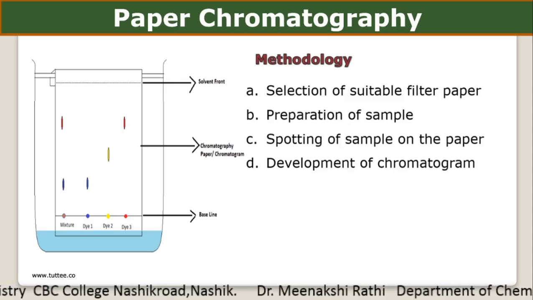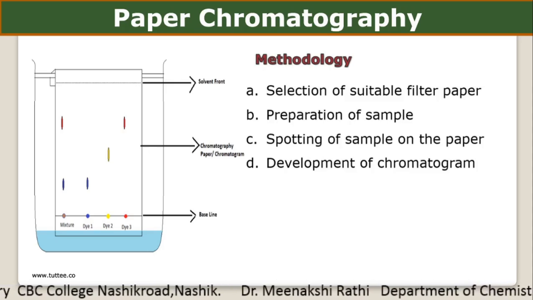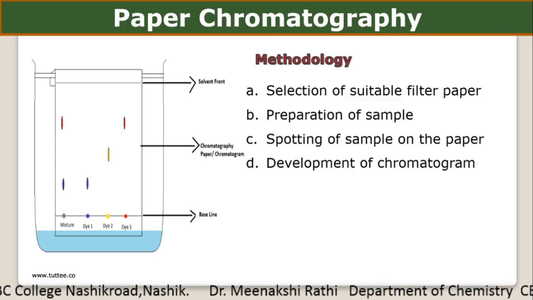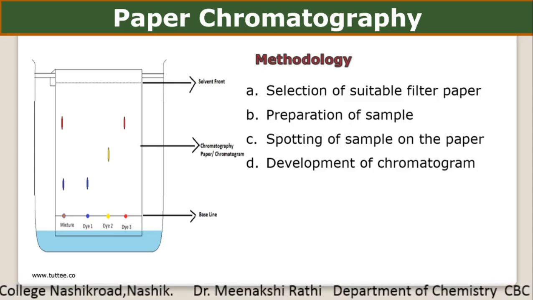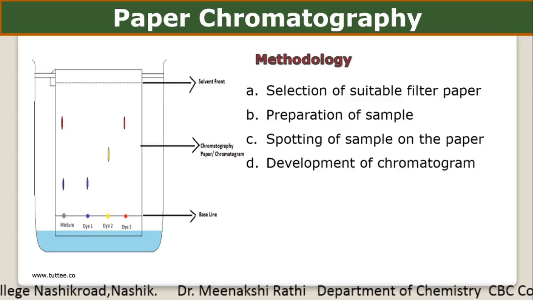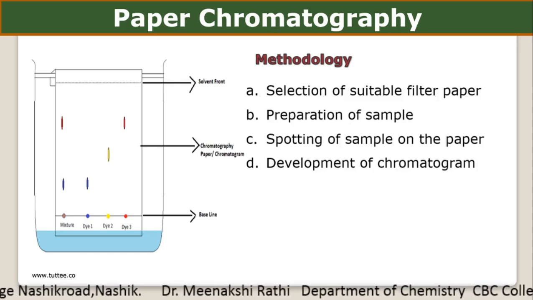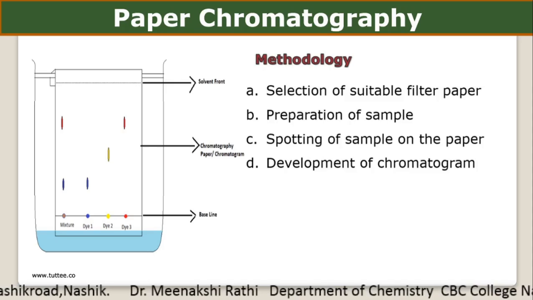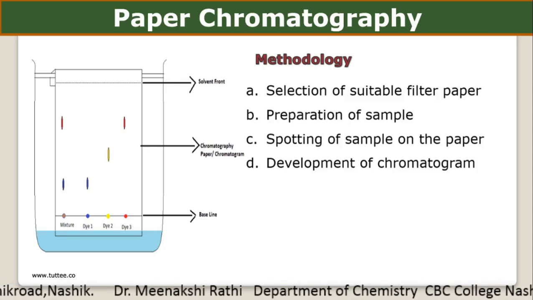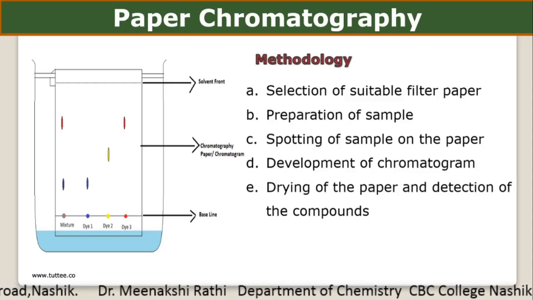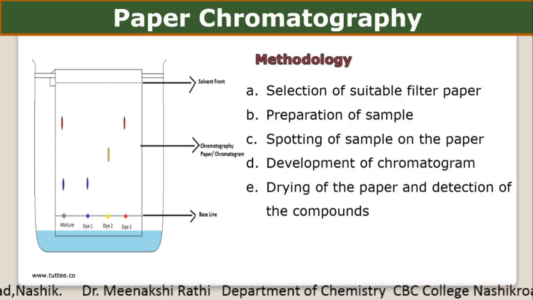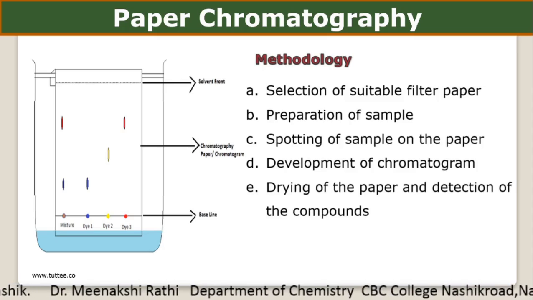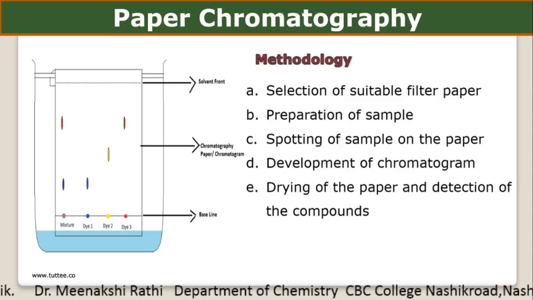If the spots are colored and visible, then there is no need to use any detecting solvent. Otherwise, sometimes ninhydrin is sprayed or the paper is exposed to ultraviolet radiation for spot identification. So in this way, this is the methodology for the paper chromatography technique.